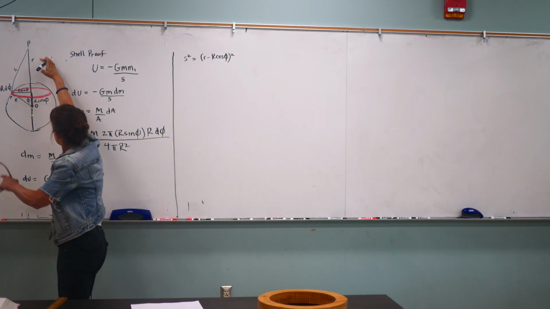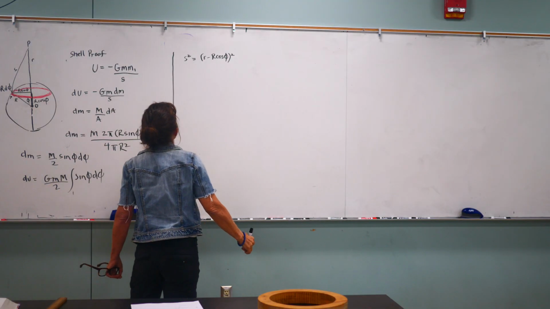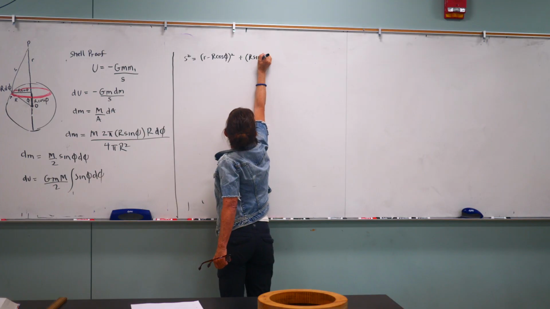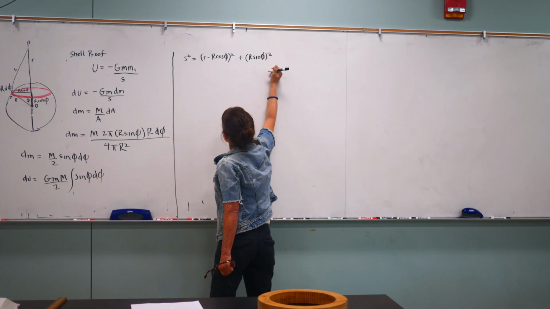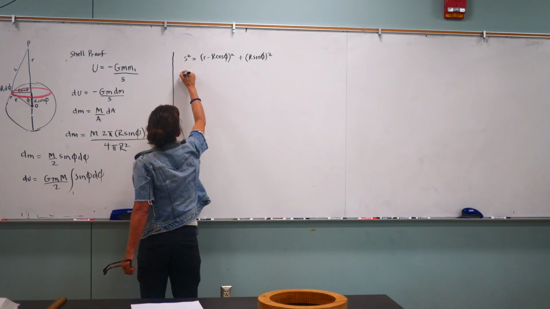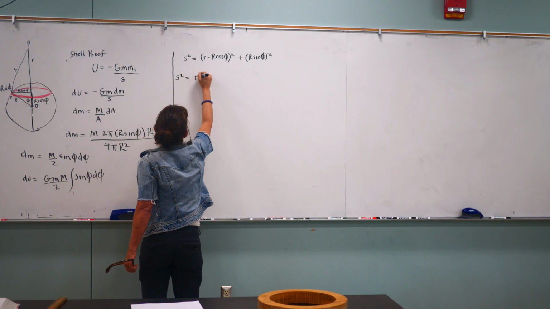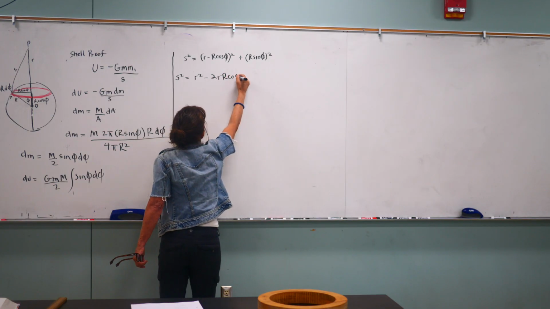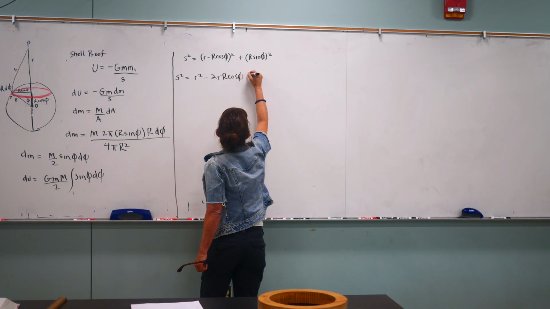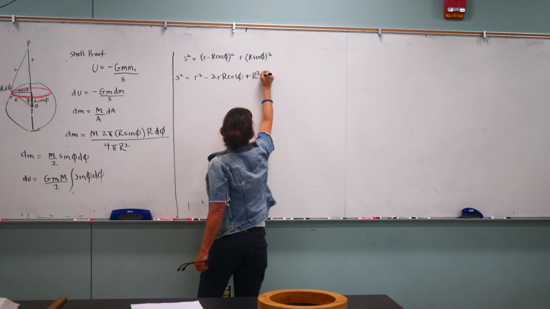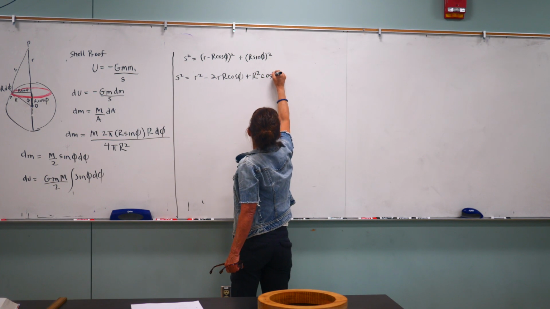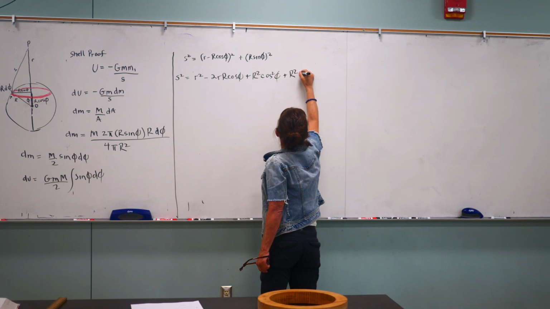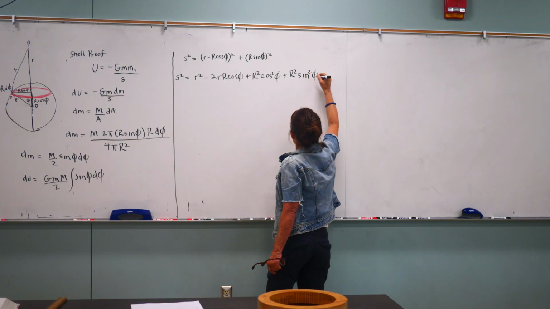This is R cos phi, we want that distance, plus R sine phi squared. All right, and that's going to be S squared equals r squared minus 2rR cos phi plus R squared cos squared phi plus R squared sine squared phi.